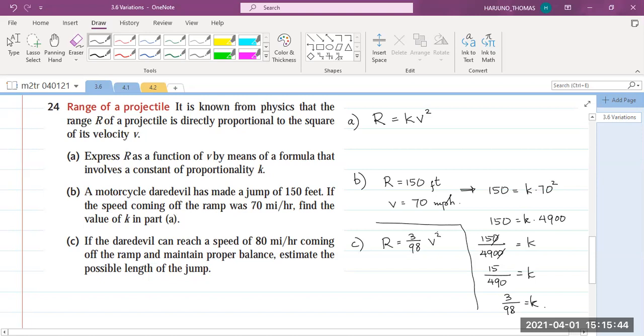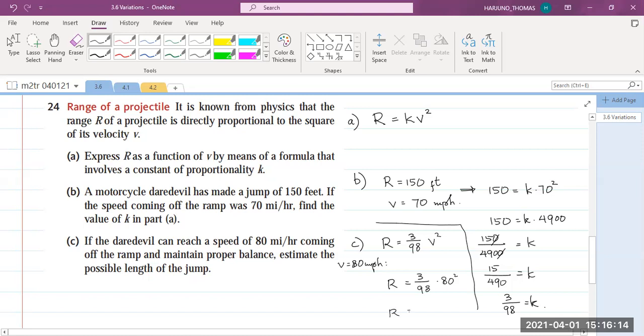Now, suppose the daredevil can reach a speed of 80 miles per hour. Estimate the possible length of jump. So what is the range if the speed is 80 miles per hour? So R equals 3/98 times 80 squared.